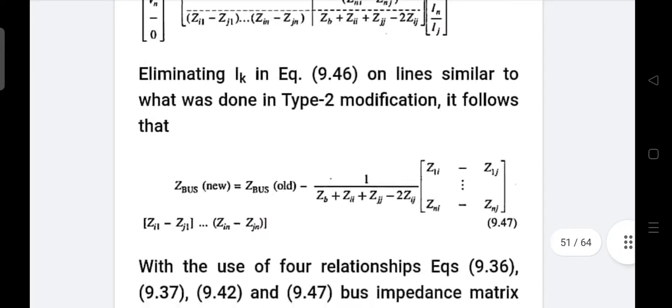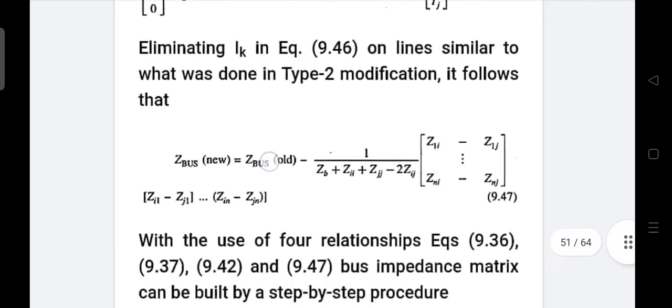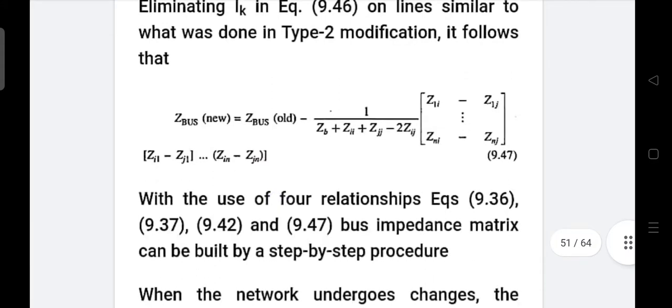We are not adding any new bus, so the order of the Z bus matrix will be the same, not plus 1. So we again do Z old bus minus the row and column of this old bus divided by this diagonal value of impedance.